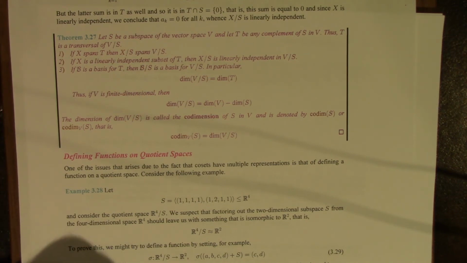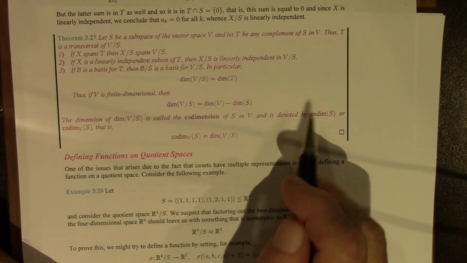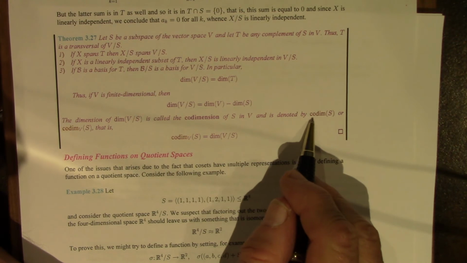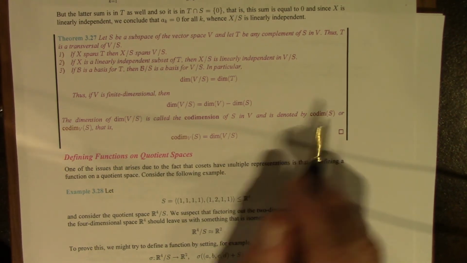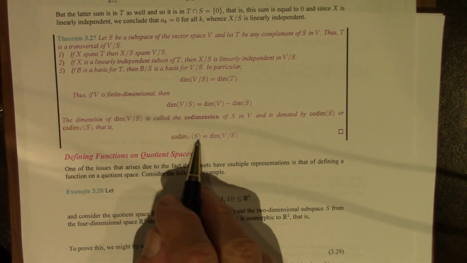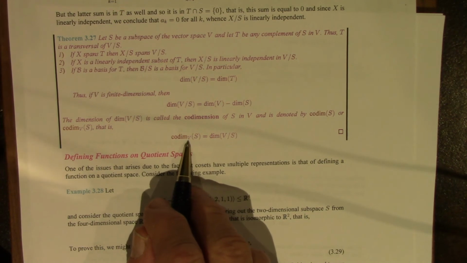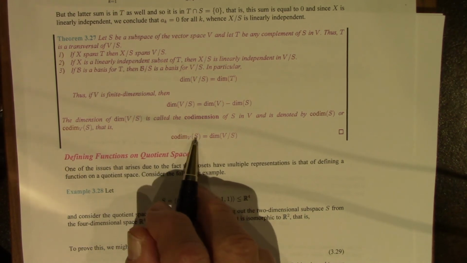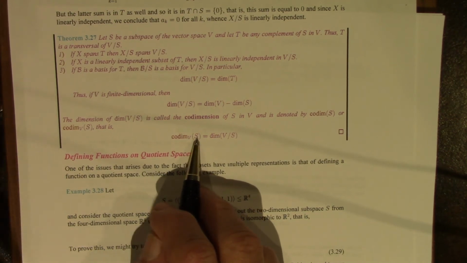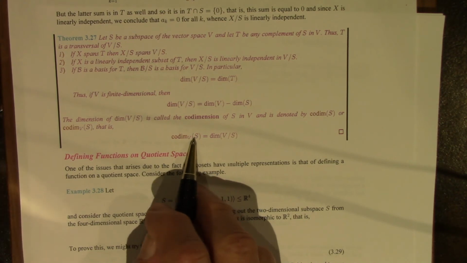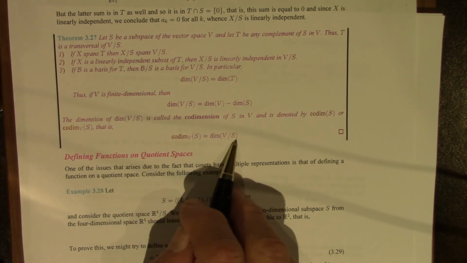It's called the codimension of the subspace S, and I'll use the notation codim for codimension. So the codimension of S, and I subscript it with V because S is a subspace of V, is the dimension of V mod S.